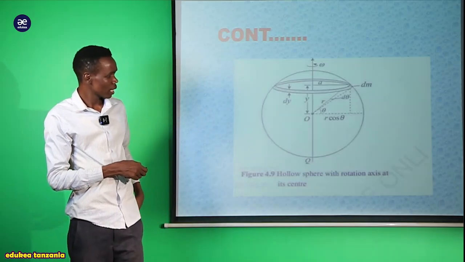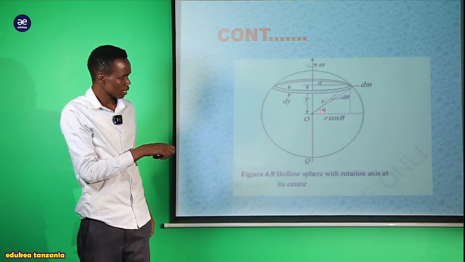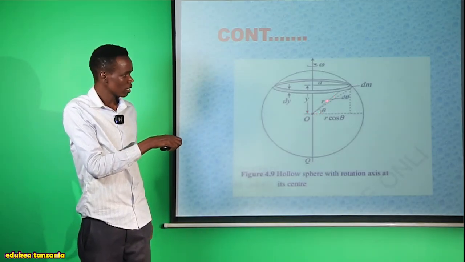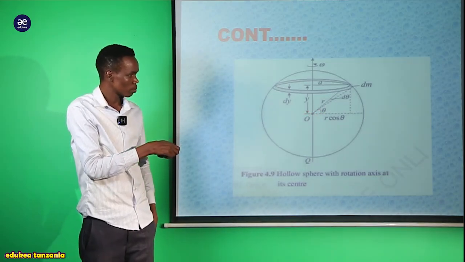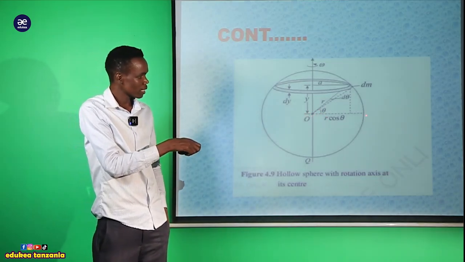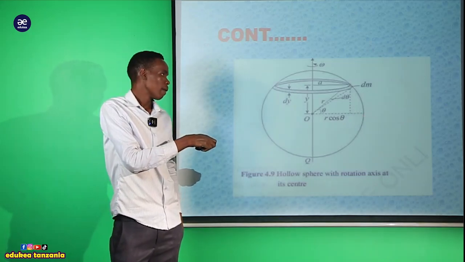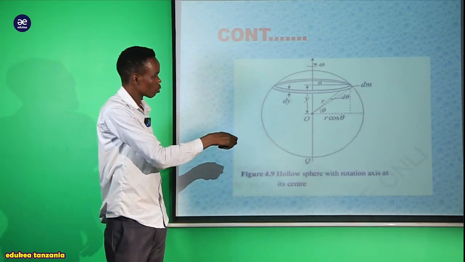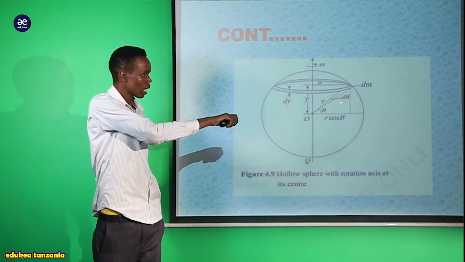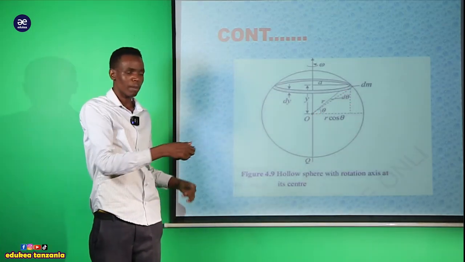So my dear students, if we demonstrate here, we should obtain that the distance from the center up to the sphere here must be equal to r cos theta. It means from this center up to this dotted line, after resolving.